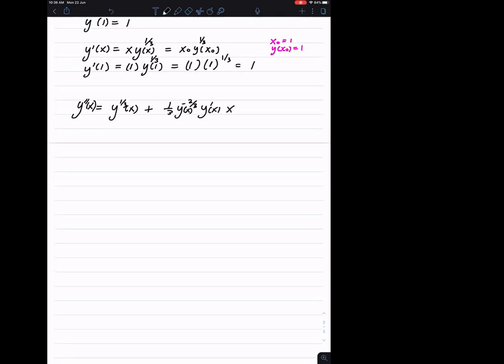Now we're going to evaluate it at x naught. So this is just illustrating these things in detail. In the exam, you don't really have to write too much if you know what they are. But please be very clear when you write.